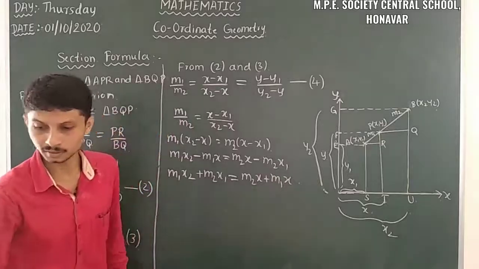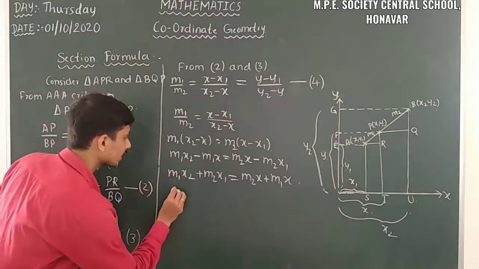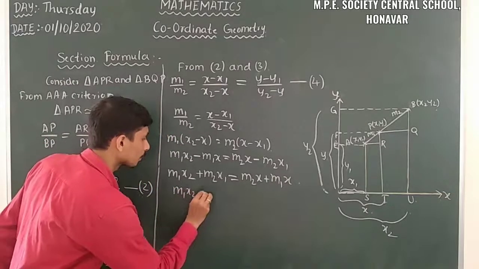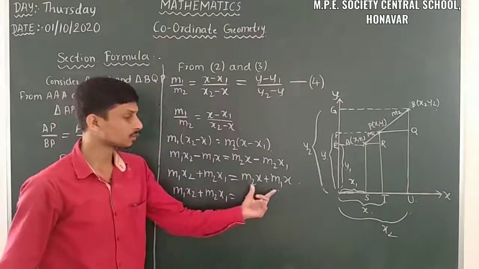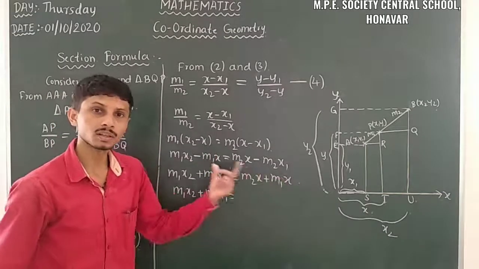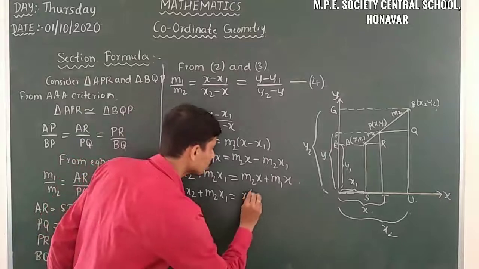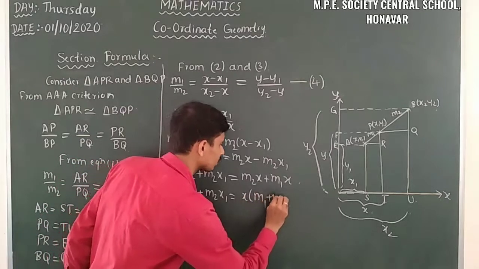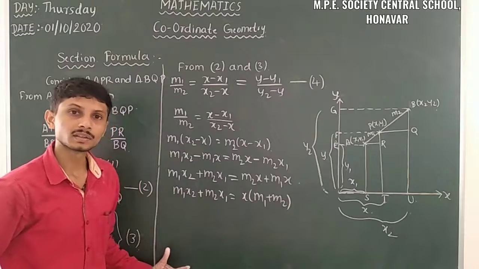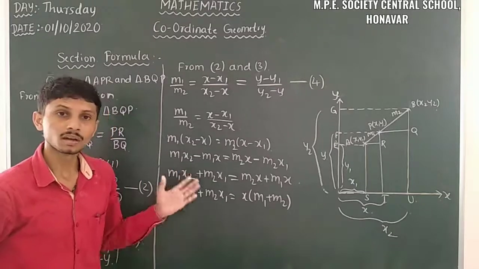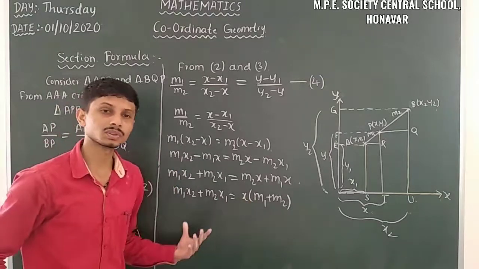After that we have to simplify, that is m1x2 plus m2x1 is equal to, we can take out x from both the terms, that is x into m1 plus m2. So m1 plus m2 can be transposed to the LHS.